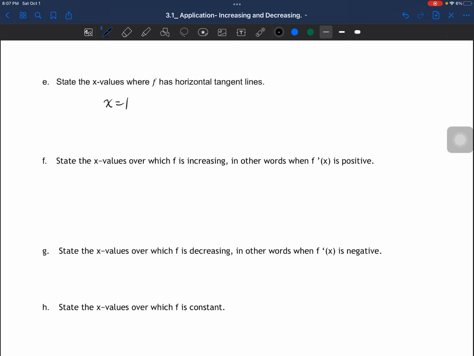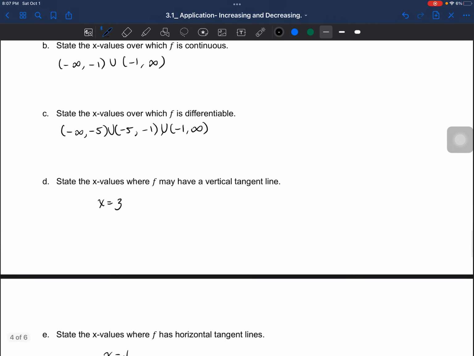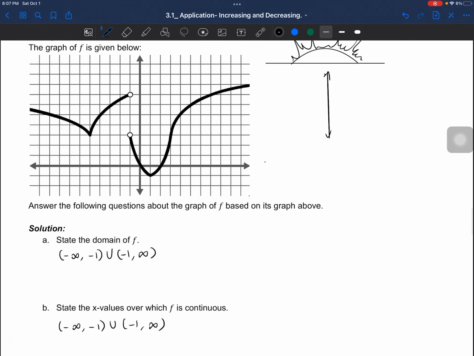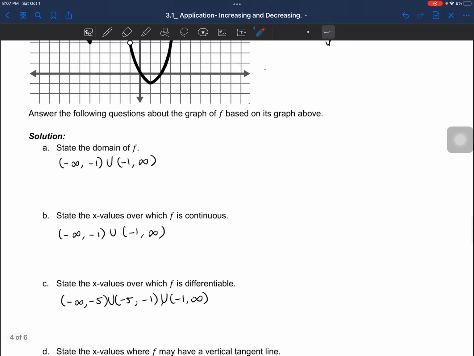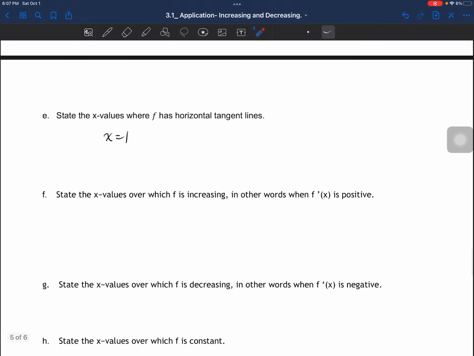And then f is asking us to determine where the function is increasing. In other words, where the derivative is positive. So we can see here that that's going to happen not here, because that was decreasing, but here is increasing. So from -5 to -1, the function is increasing.